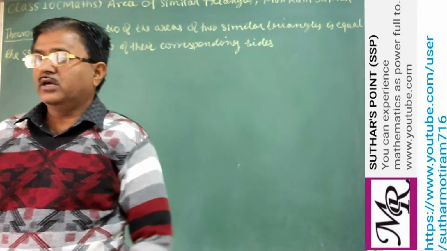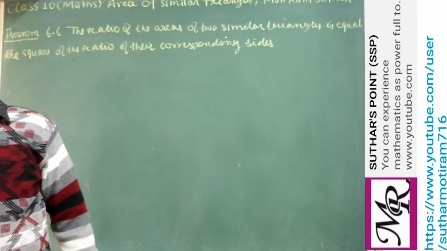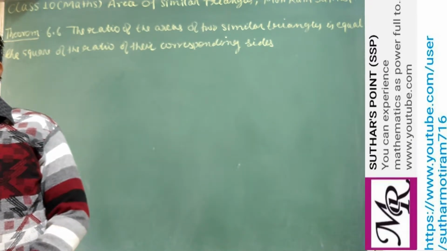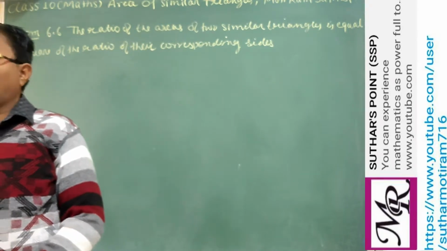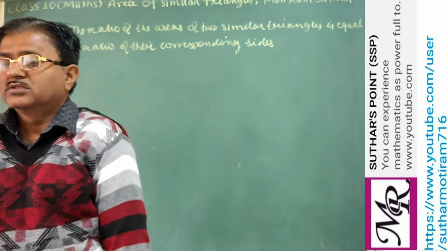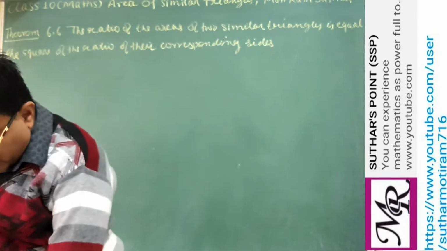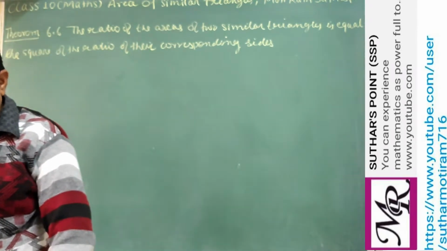Ratio of the areas of two similar triangles is equal to the ratio of their corresponding sides squared. Clear? So how we prove this theorem, that we have to see.